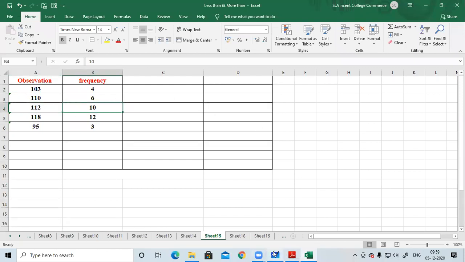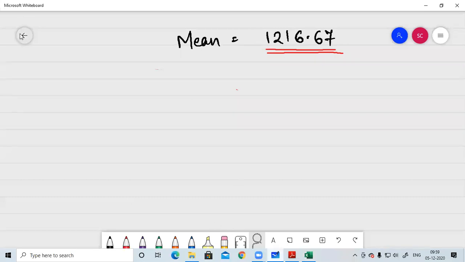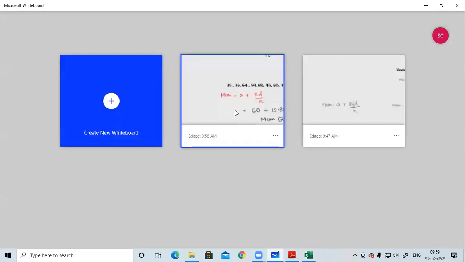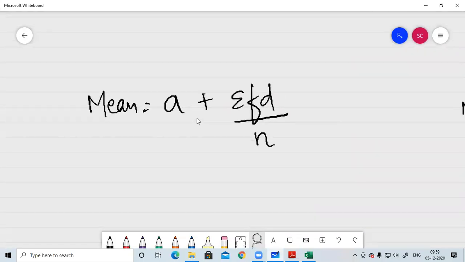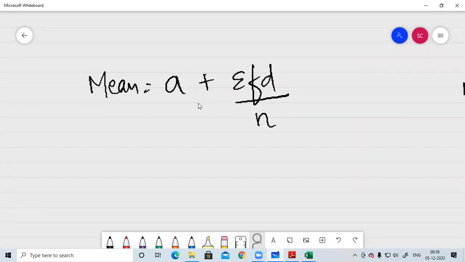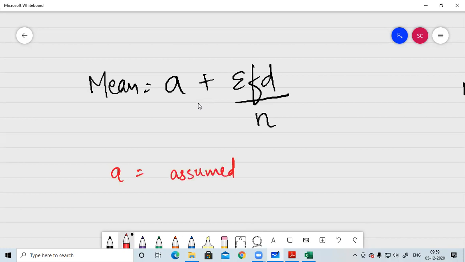Now, what is the formula in this case? Let us have a look at the formula for this kind of classification. Here is the formula. What does the formula say? Mean is equal to A plus sigma FD upon N, where A stands for assumed mean. F is the frequency.